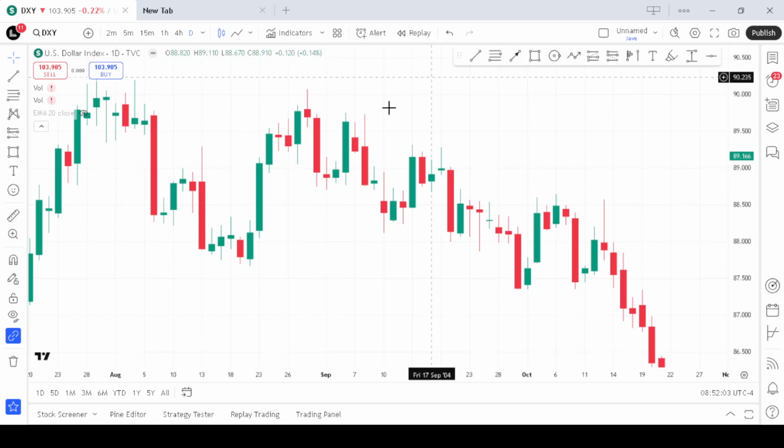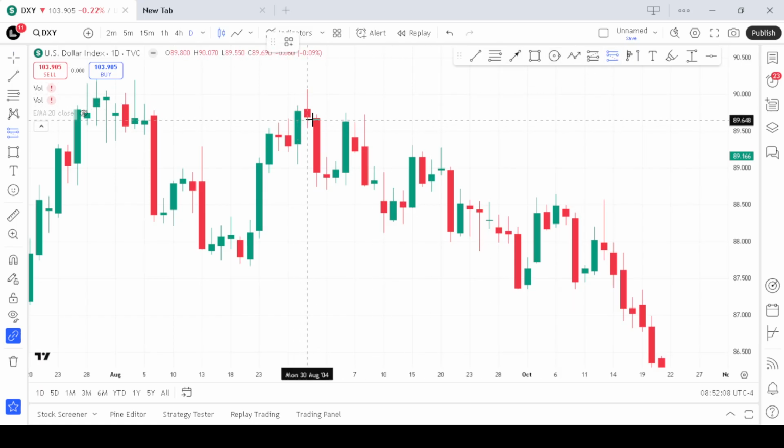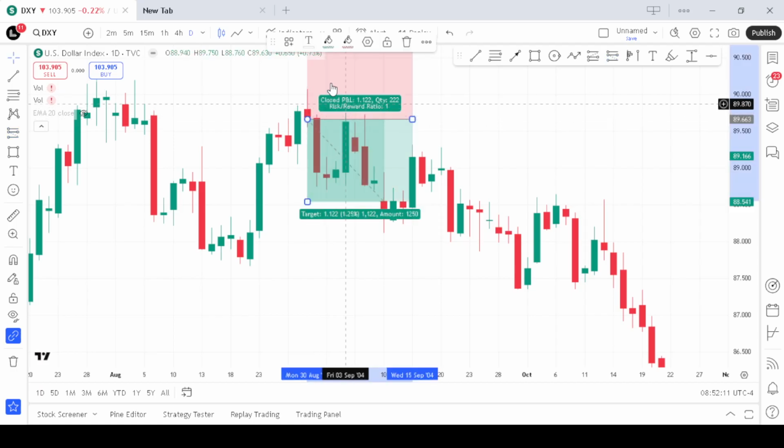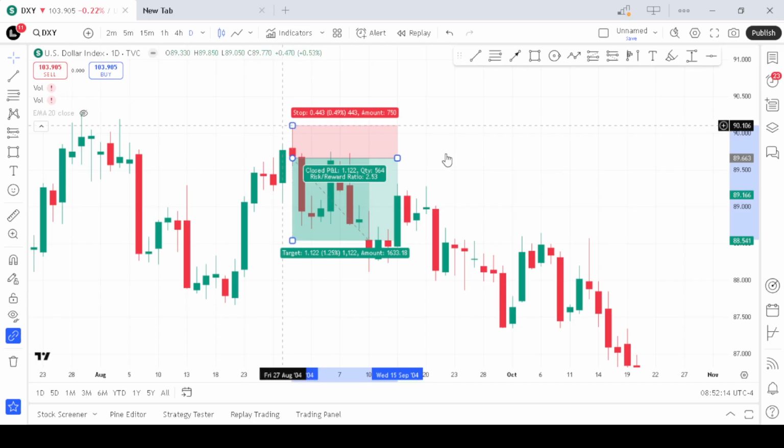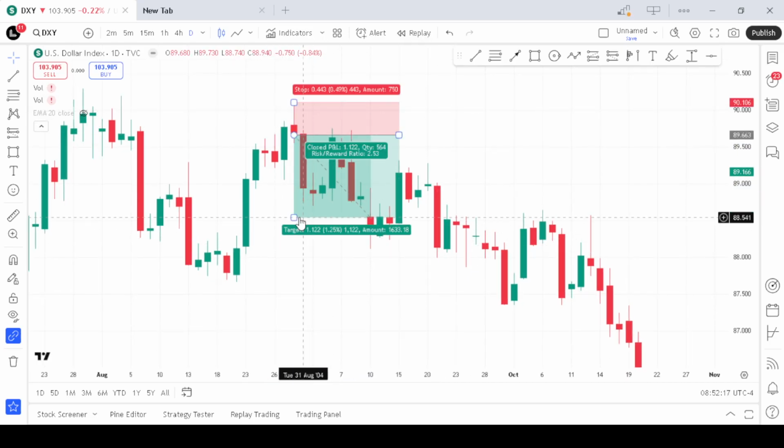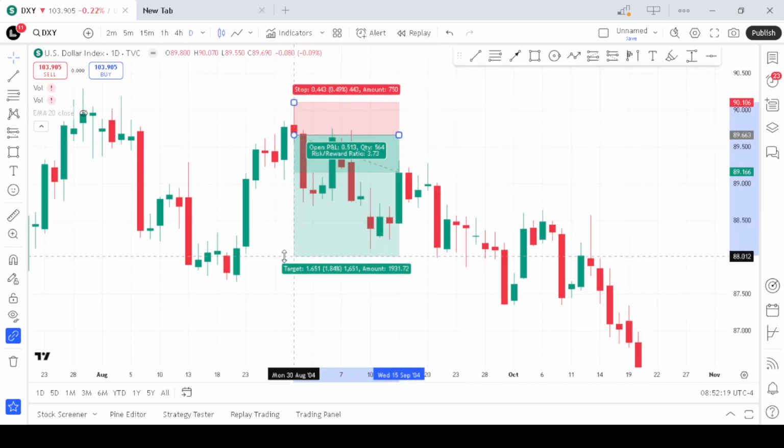So this is a proper example of another pattern. If I want to take the trade using this pattern, remember you take the pattern at the close of the second candle. Your stop loss should always be above the swing high. Then you target a minimum of 1:2 or 1:3 as the case may be.